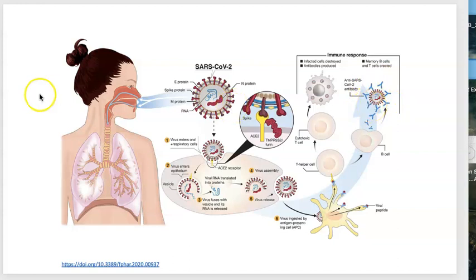When the immune response is working properly, as I said, the cytotoxic T cells will kill intracellularly infected cells. You'll get an appropriate antibody response to neutralize virus, and essentially the infection clears, either without symptoms or with mild symptoms after a few days, as is the case with most individuals.